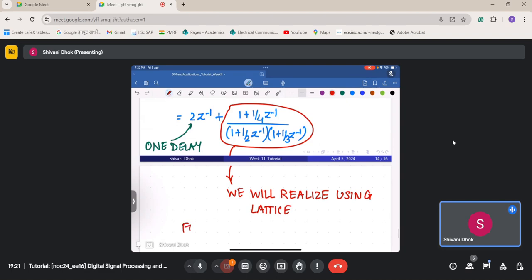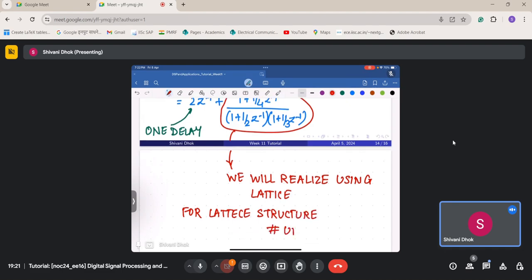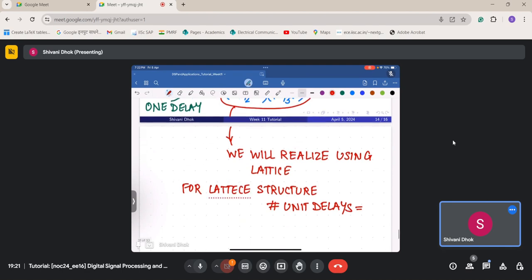For a lattice structure, the number of unit delays is equal to the degree of the denominator polynomial.